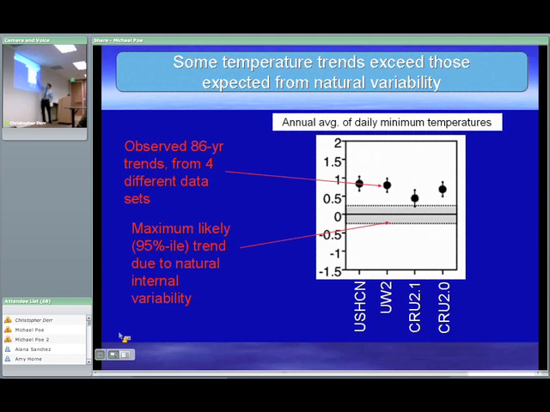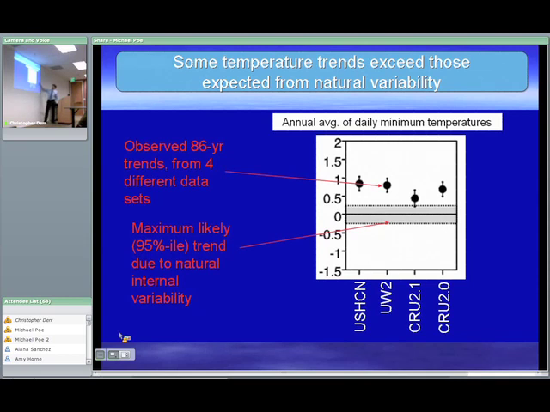This is the uncertainty in the trend. These dotted lines are estimates of what we think is the maximum likely temperature trend on a timescale of 50 years from natural climate variability. That seems to be smaller than the observed trend, implying that the observed trend is probably not due entirely to natural phenomena. So there must be something else going on. The obvious culprit is greenhouse warming.